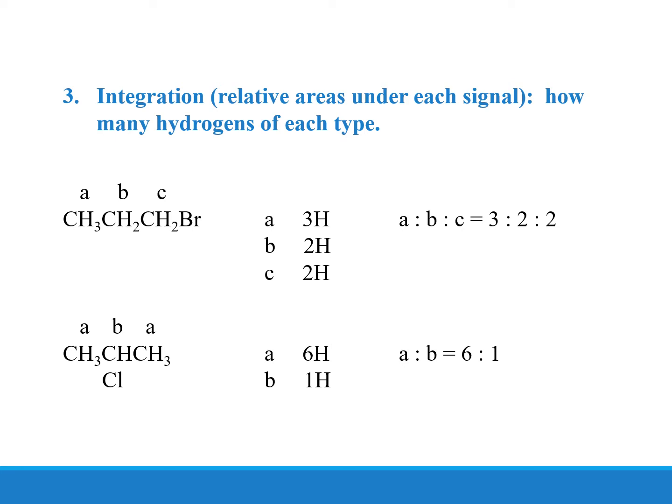In the example below that, you can see that both the left and right methyl groups are in the same environment. Therefore, the intensity of that peak will be 6 times higher than the intensity of the peak for B, because B has only one hydrogen atom.